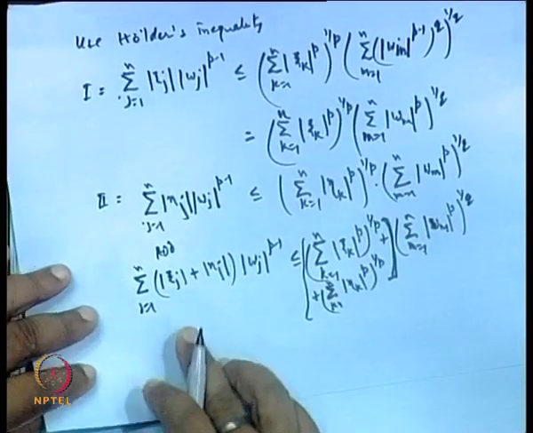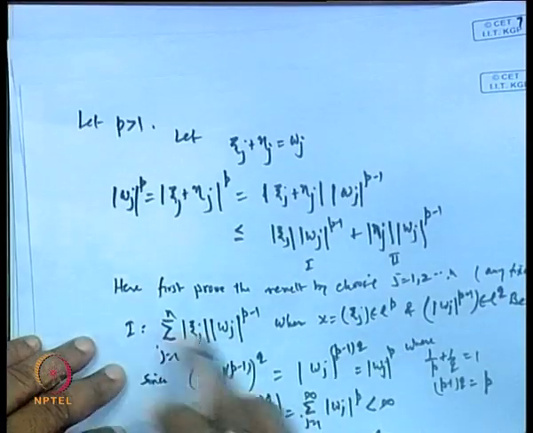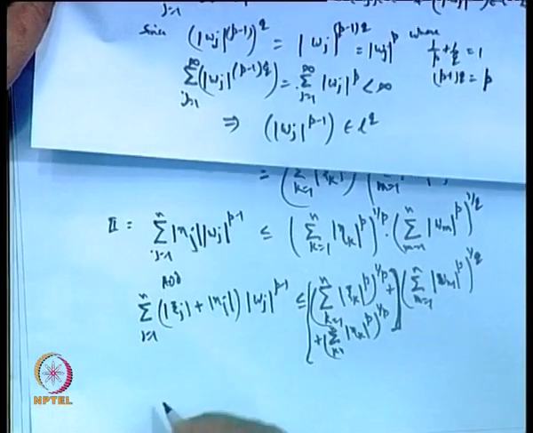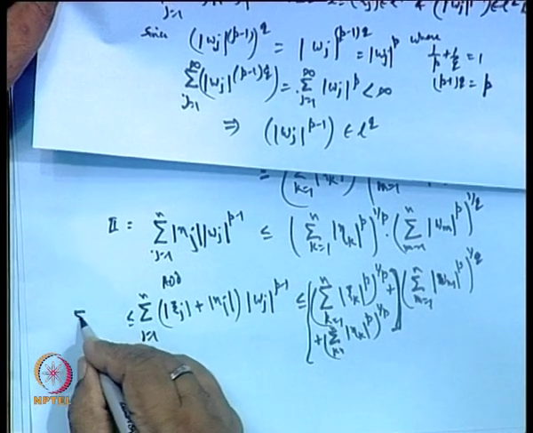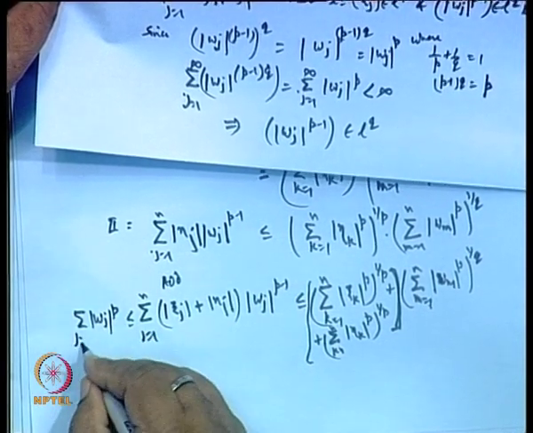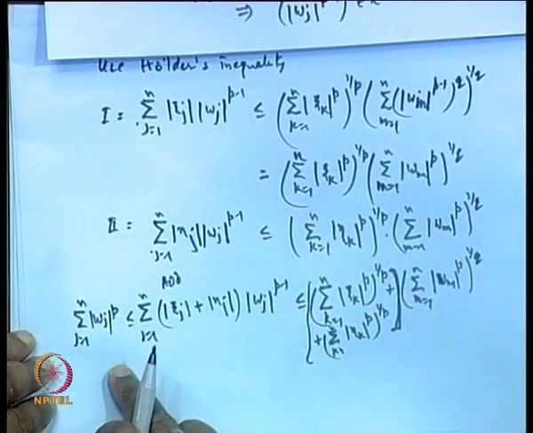Now, if you go through the previous slides, this is basically w_j power p. So, we can say this entire thing is greater than or equal to the sum of w_j power p, j is 1 to n. So, take this towards this side.